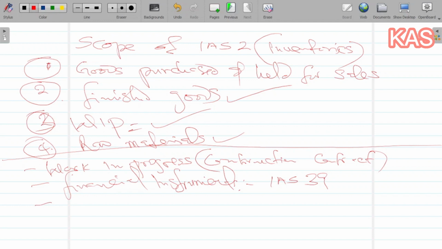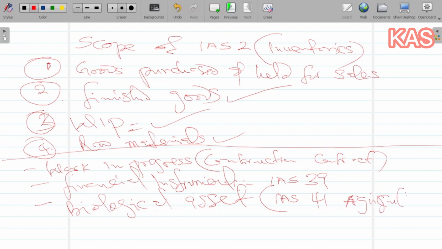Then we have biological assets. This is covered under another standard, which is IAS 41, agriculture. So this is the scope of IAS 2.